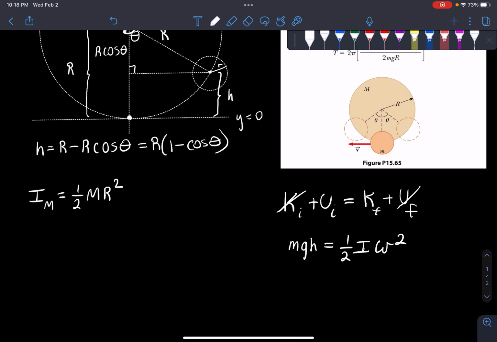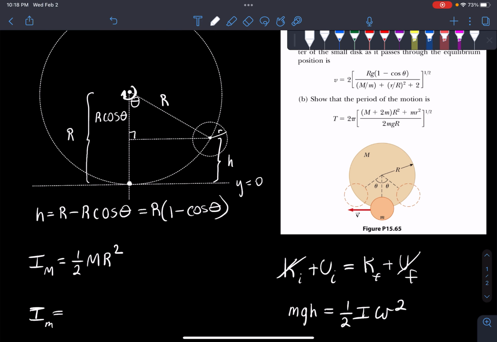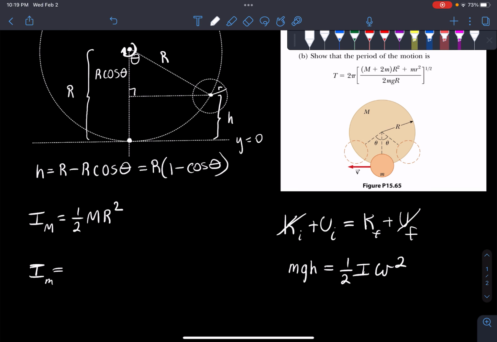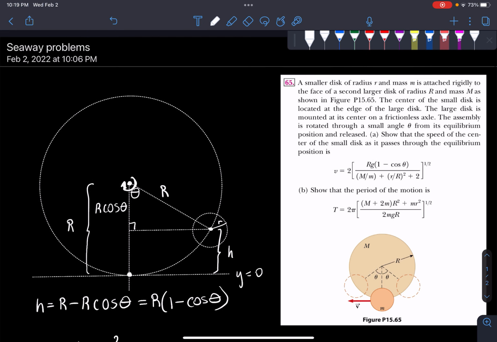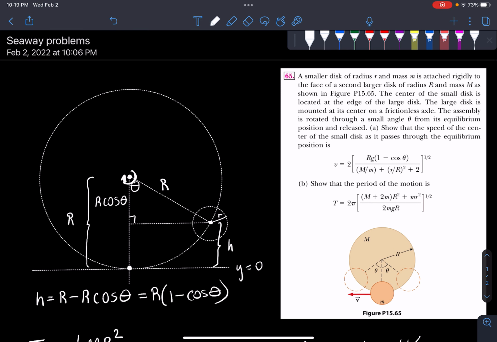Now let's talk about the moment of inertia for the little mass. So for this case, we have this little mass that is rotating about this center point, but not rotating about its own center of mass. So we're going to have to use the parallel axis theorem, which I'll write real quick up here.